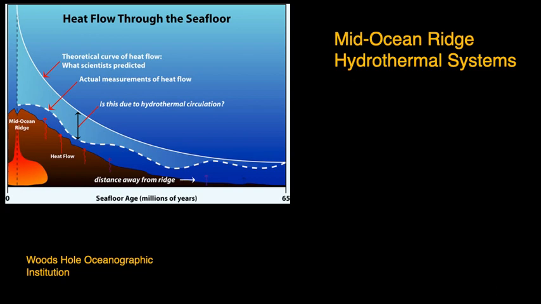The smooth curve shows what would be predicted if heat flow was conductive through the oceanic crust. The dashed wobbly curve is what's actually observed, and the difference between those two curves is accounted for by hydrothermal circulation, which continues at lower and lower temperatures out across the seafloor to at least rocks that are 65 million years old.